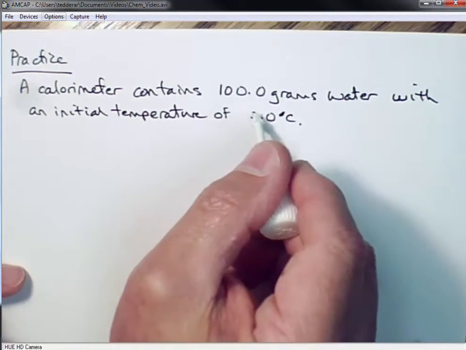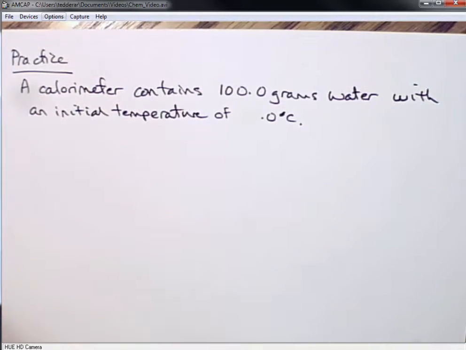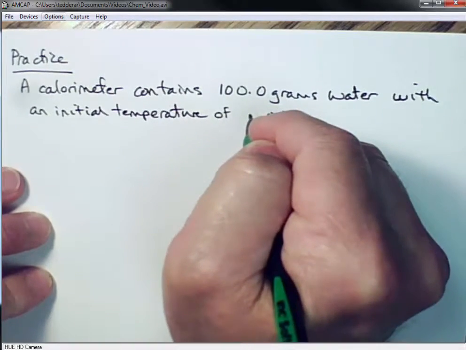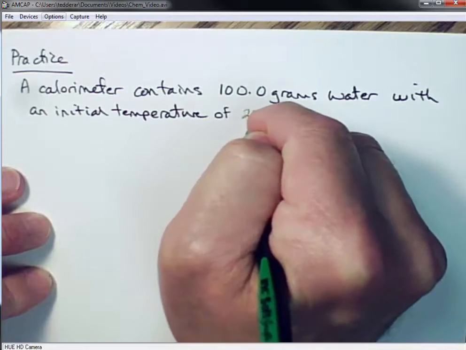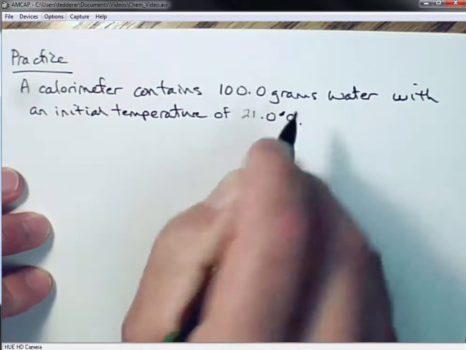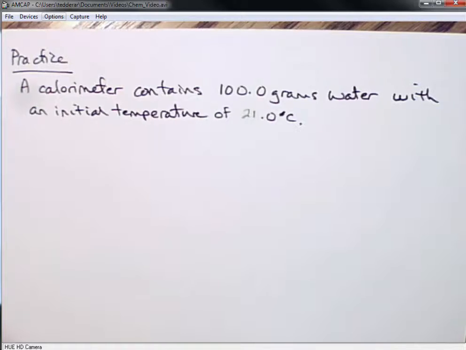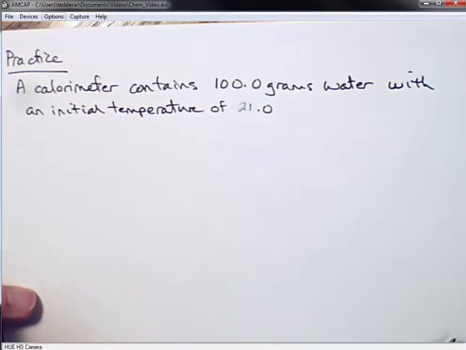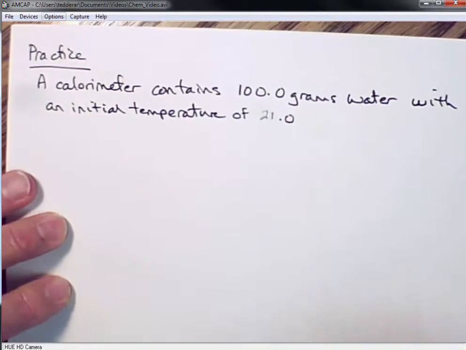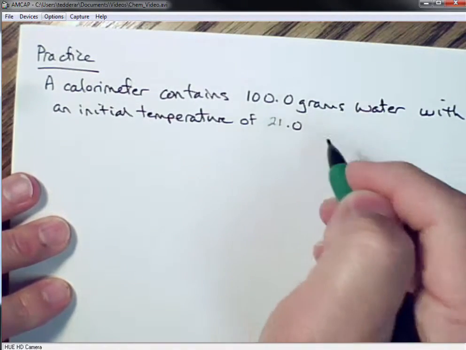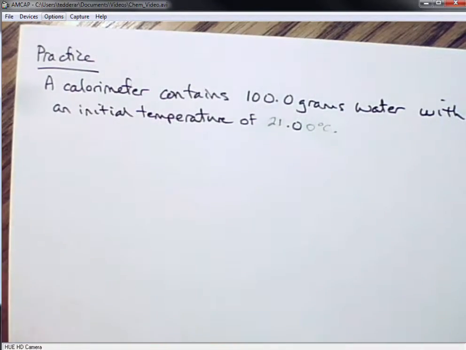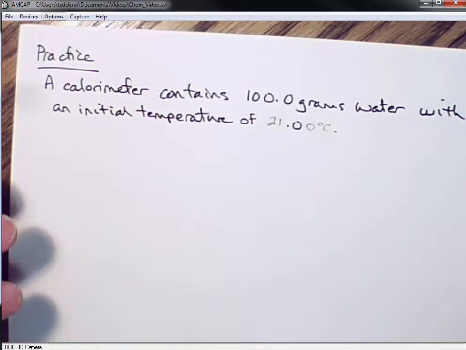Not that it matters a lot. It's not that big a deal. And let's go ahead and put a second 0 here and give it 4 significant digits, okay? 21.00 degrees C for the initial temperature of water.